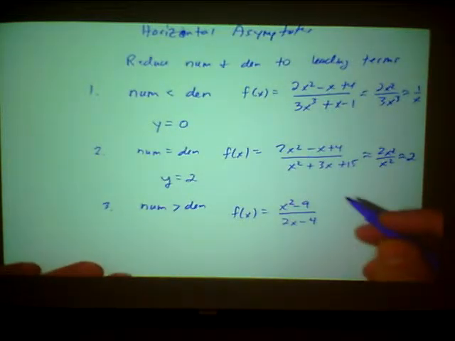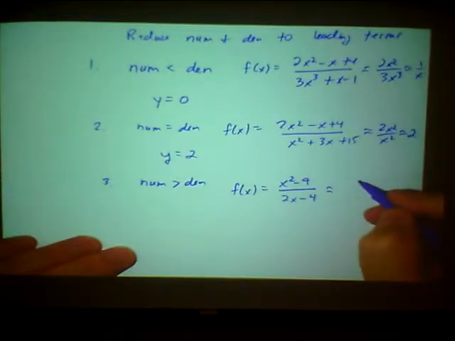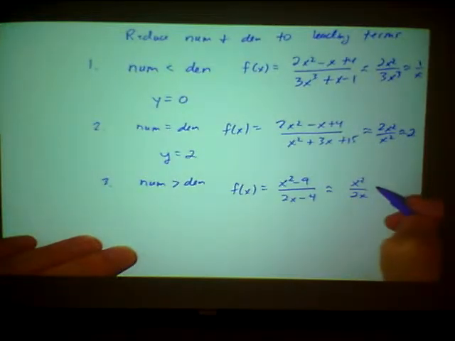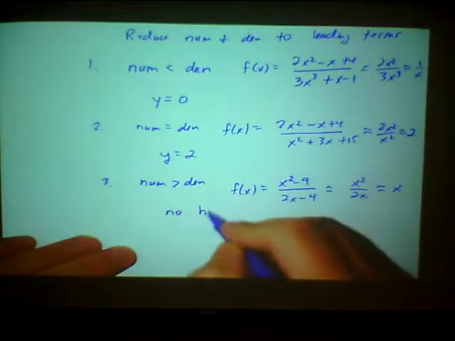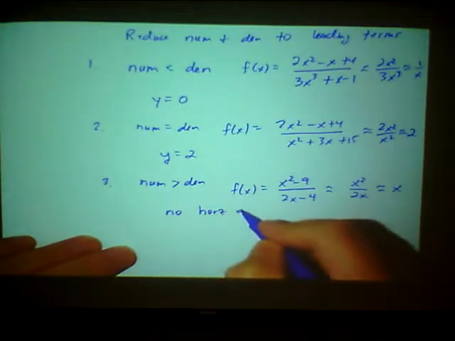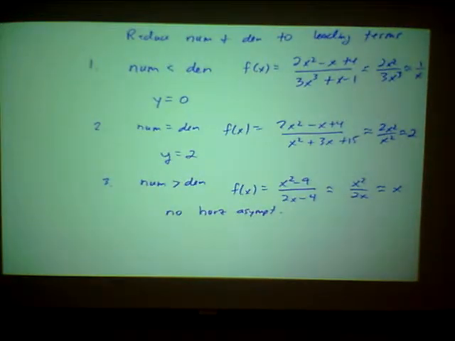If you get rid of all but the leading terms, this reduces down to x squared over 2x, which reduces down to just basically x. And we said in this case, there's actually no horizontal asymptote, because as x gets large, f of x gets large.